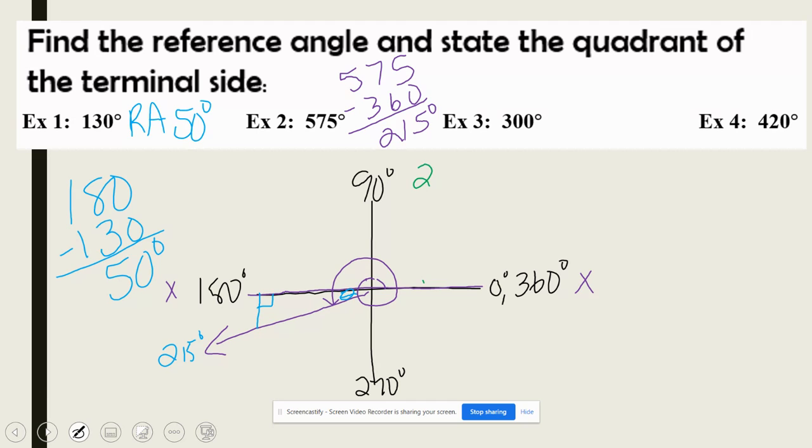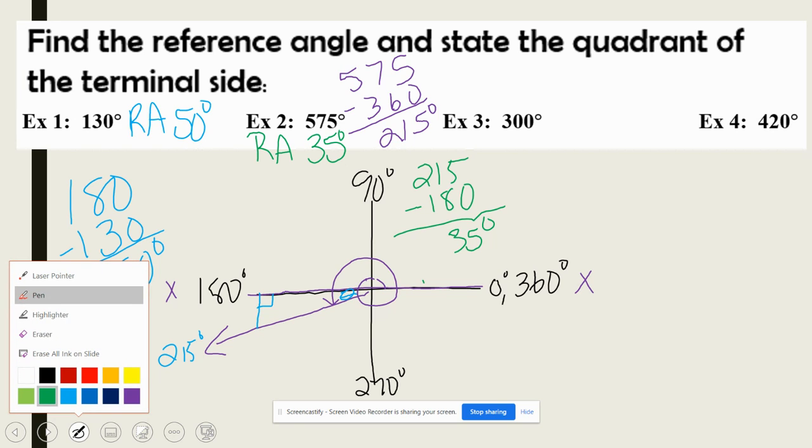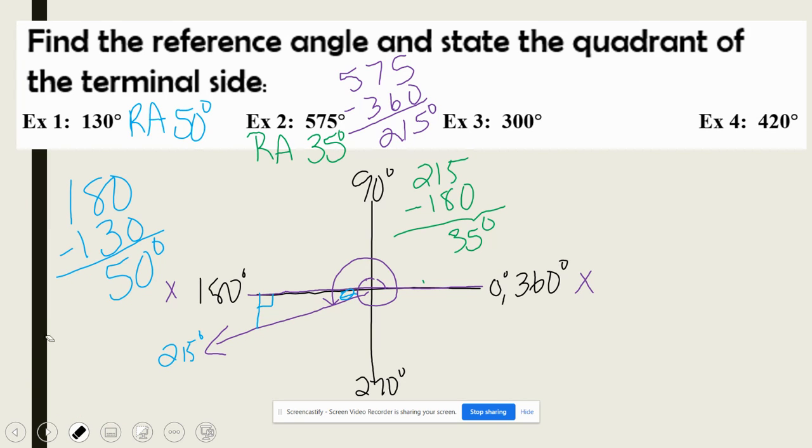So we can do 215, and we went to the 180 degree x-axis. 215 minus 180 is 35 degrees. So our reference angle is 35 degrees. 35 degrees is between 0 and 90. So the measurement works, and it's positive.